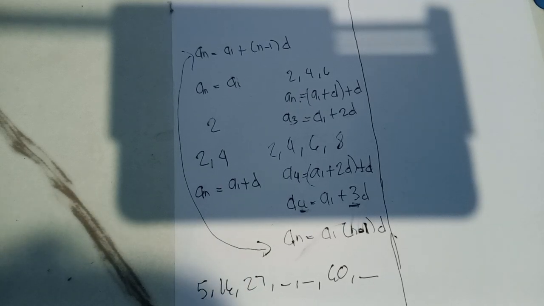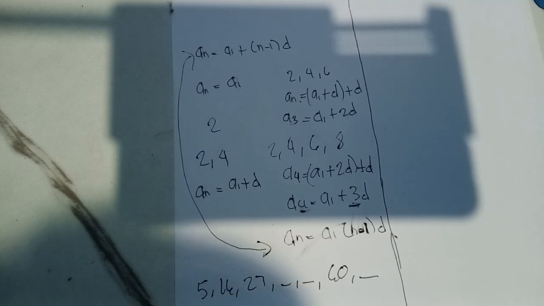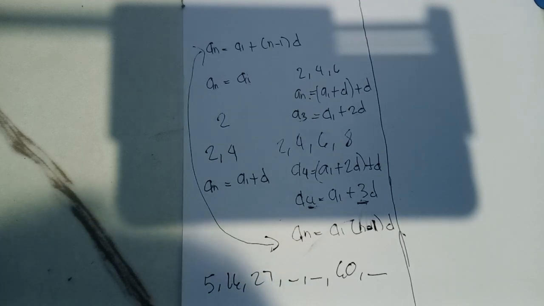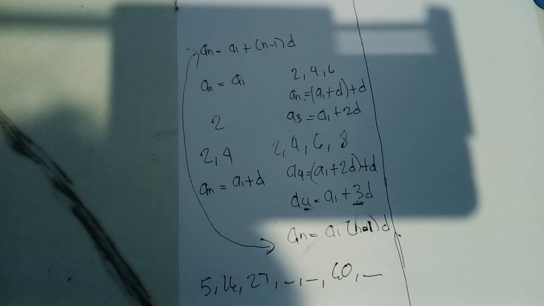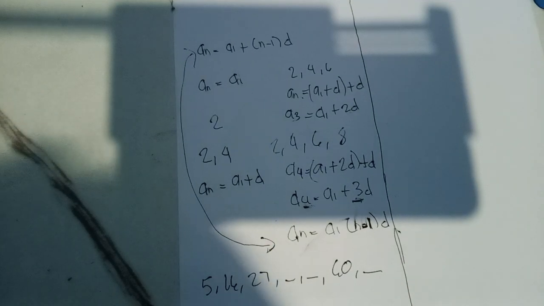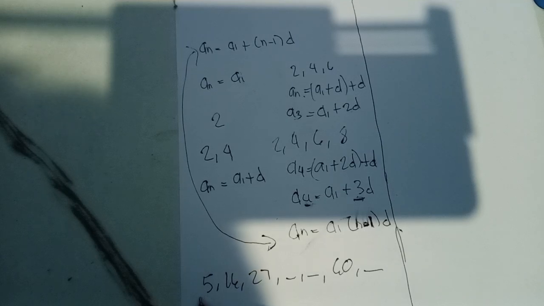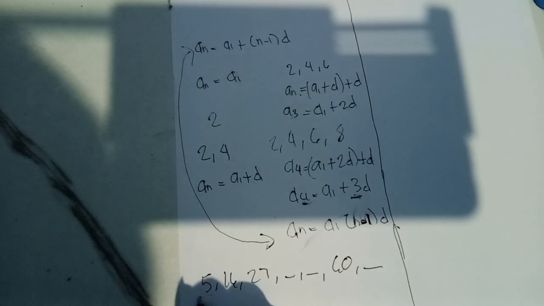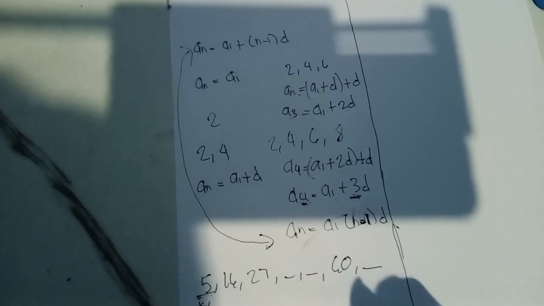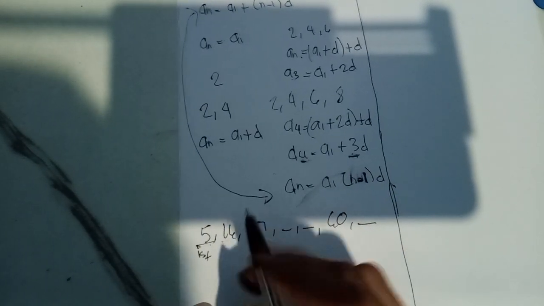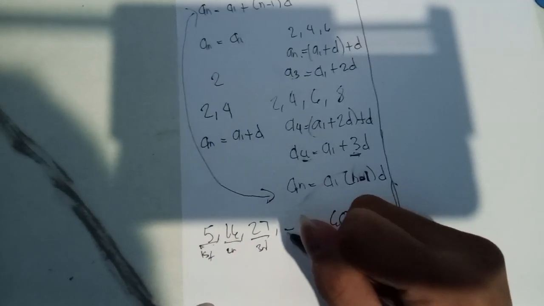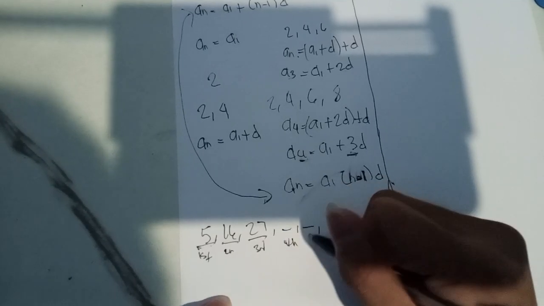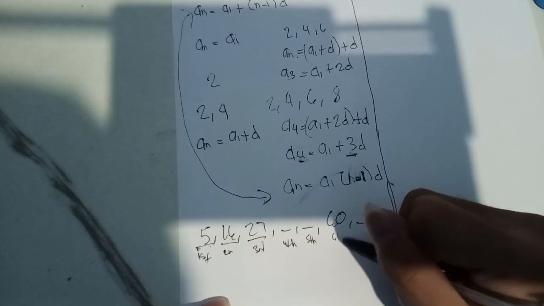Okay, so in order to solve this, we must first notice that our first term is 5. So first term. Okay, second term, third term, this is our fourth term, fifth term, sixth term, and seventh term.